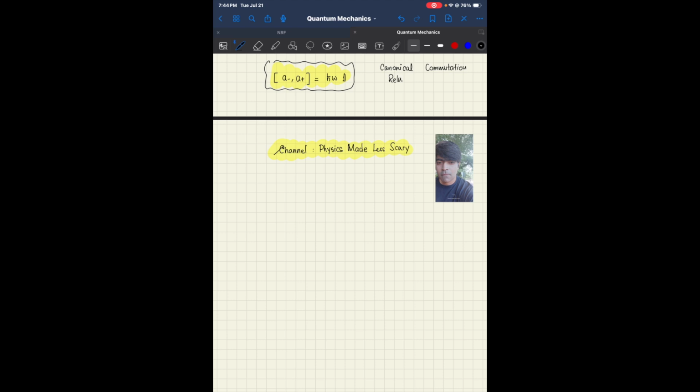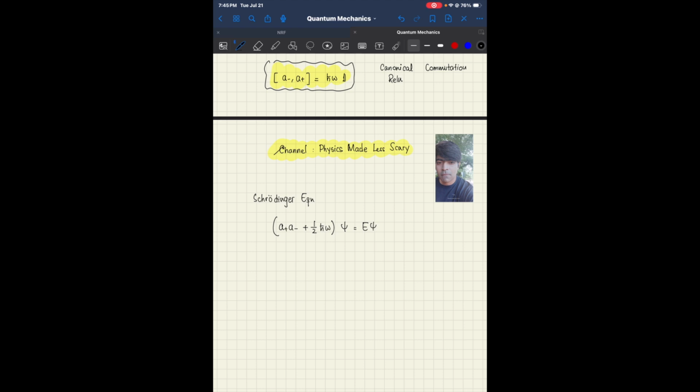Well, the Schrodinger equation can now be written in this manner. Let me write it for you. The Schrodinger equation becomes a plus a minus plus half h cross omega, very simple looking stuff, psi is equal to e psi.